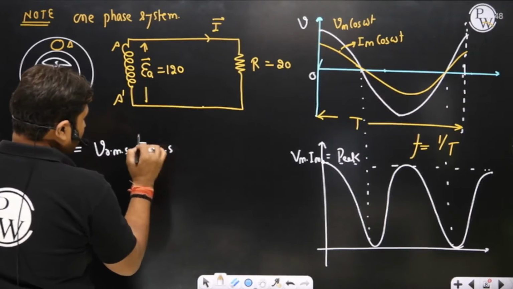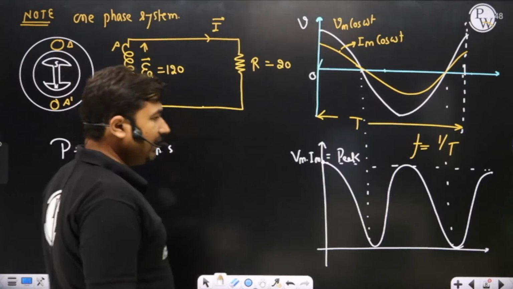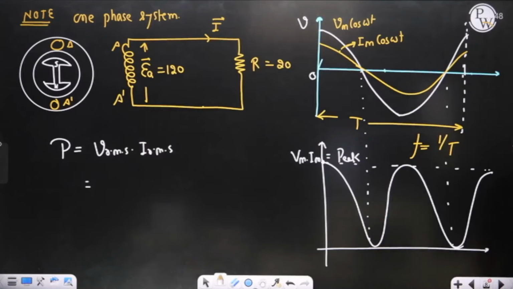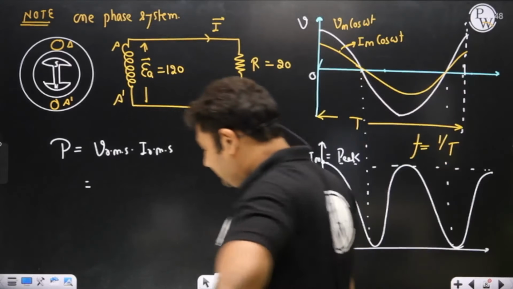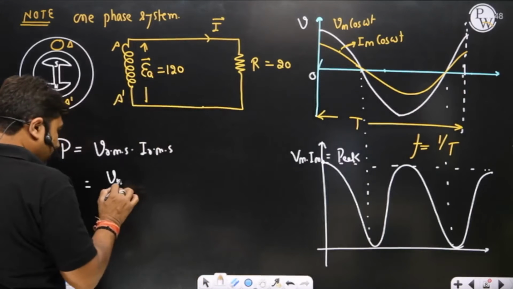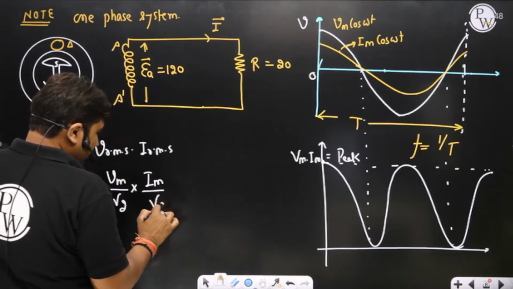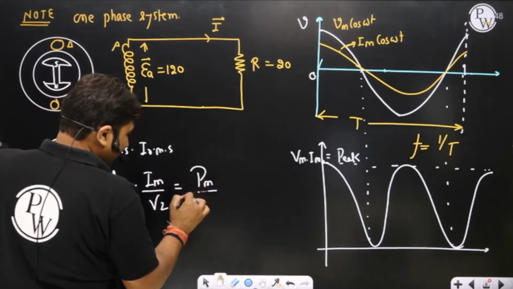You can easily observe here that the effective value of the power is maximum by 2. Can I say this? What is the RMS value? Maximum by root 2, and maximum by root 2, so maximum by 2.